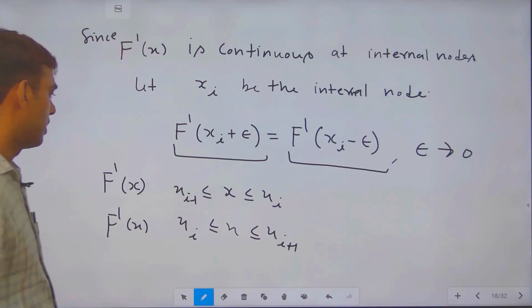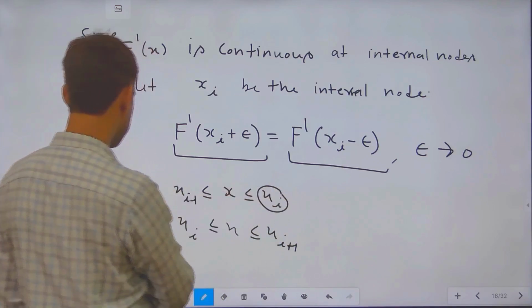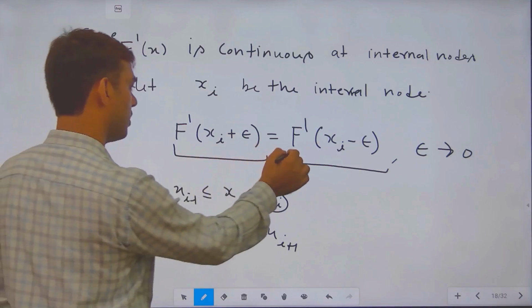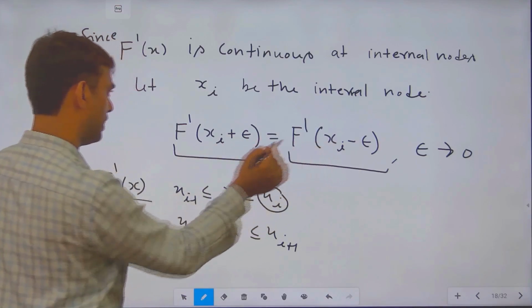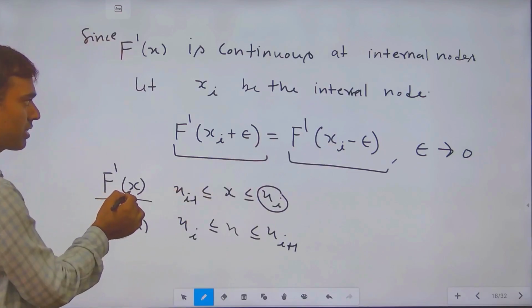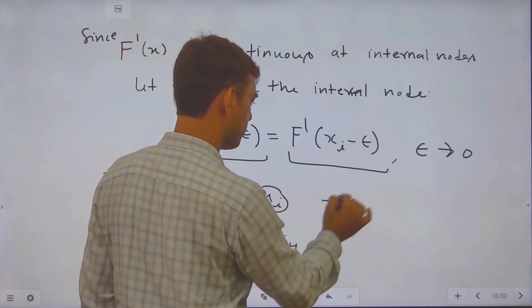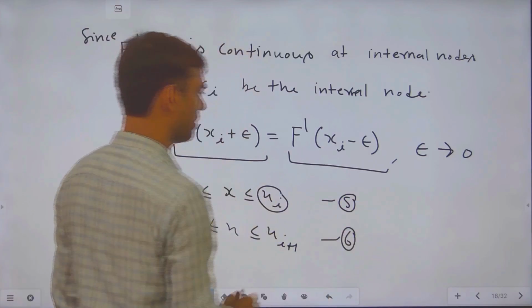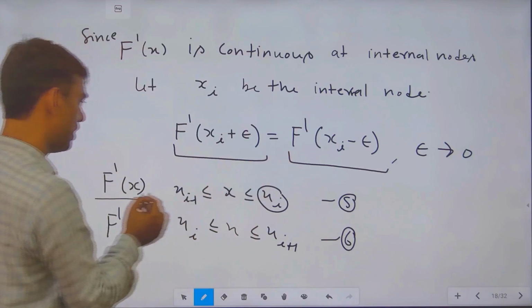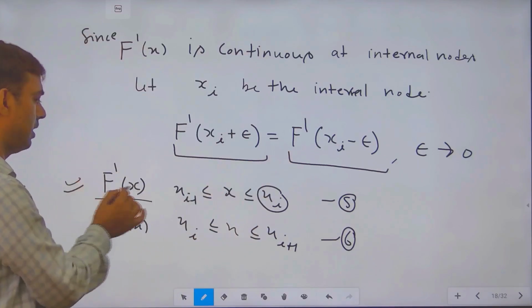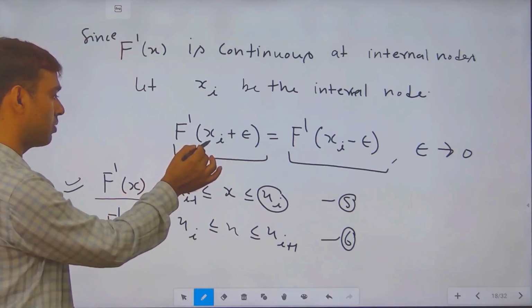So, if we want the value at x equal to x_i in this class interval, then we put x equal to x_i minus epsilon in equation number 5, and in equation number 6 we put x equal to x_i plus epsilon.